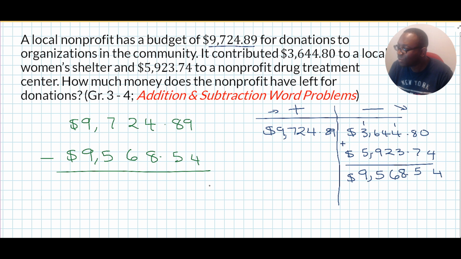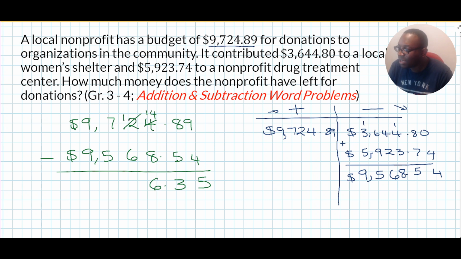So 9 minus 4, we have 5. 8 minus 5, we have 3. So 4 minus 8, we can't really do that. So we're going to come here and borrow 1 from 2. And so this is left with 1 here. The 1 I borrow becomes 10. I must add that to 4. So that is 14. 14 minus 8, we have 6.